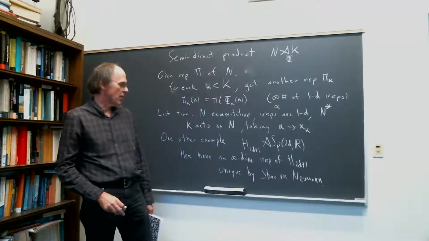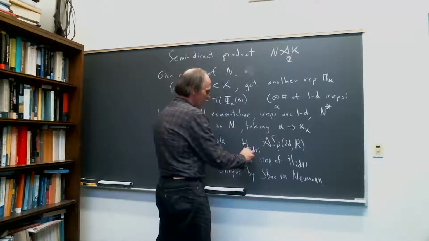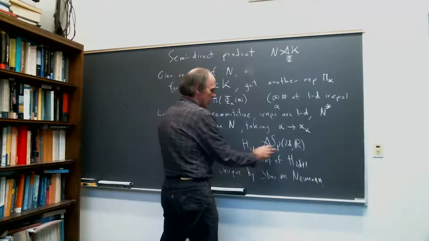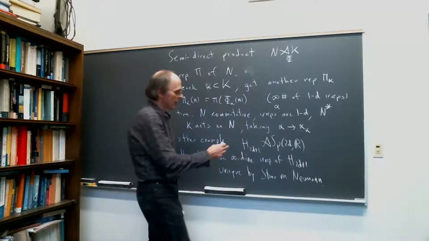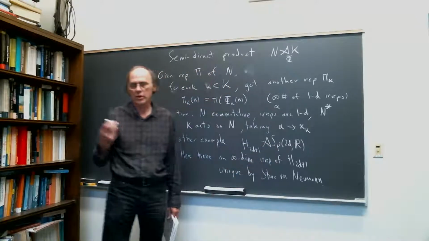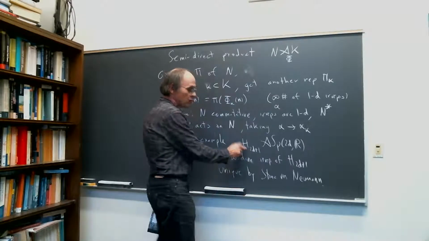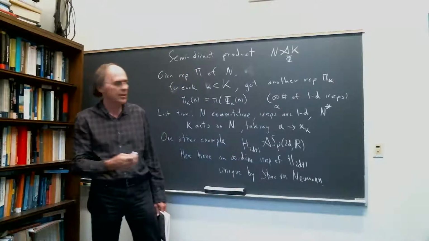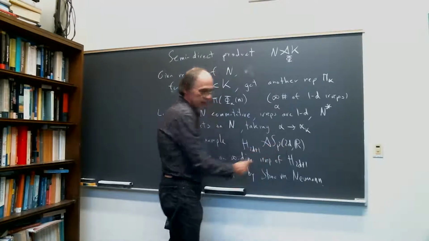The thing which is more mysterious is how this guy, which we know, extends to this guy. And what I'm going to get out of this is one extra piece of information about how this so-called Schrodinger representation, which we already know about, behaves under the action of this guy.